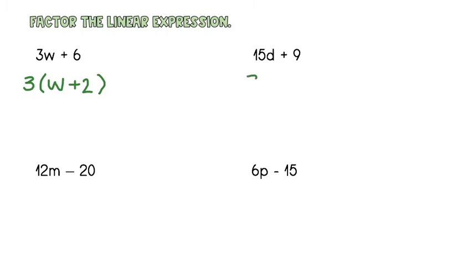So 3 is going to go outside of my parentheses. And again, we're working to find the terms on the inside. So 15d divided by 3 leaves me with 5d. And 9 divided by 3 is 3.